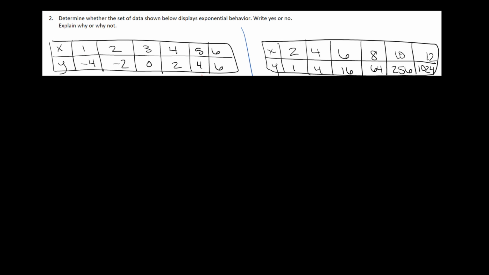And in the y, I have y equals -4, then -2, 0, 2, 4, 6. What am I doing in between all of those? I'm adding 2 in between, so -4 plus 2 is -2, -2 plus 2 is 0, 0 plus 2 is 2, 2 plus 2 is 4, and so on.